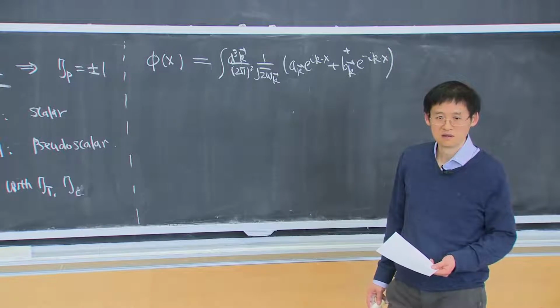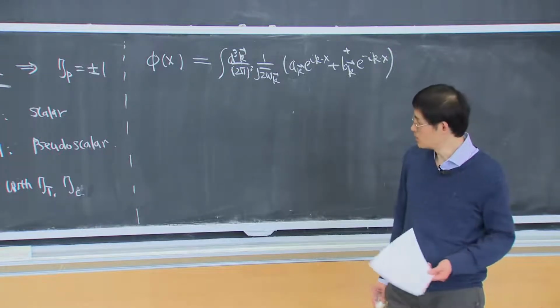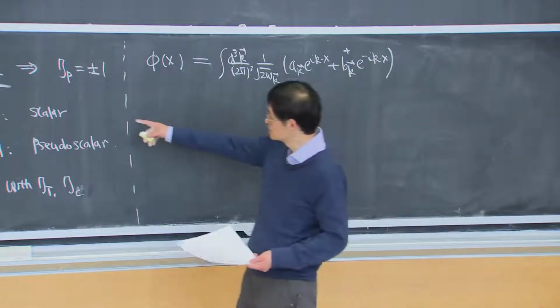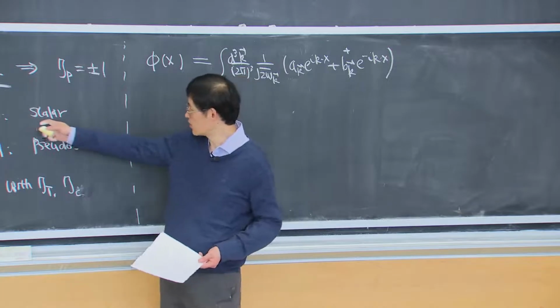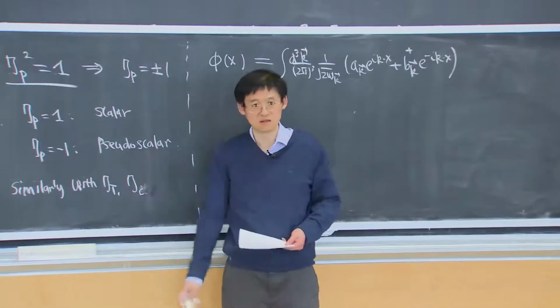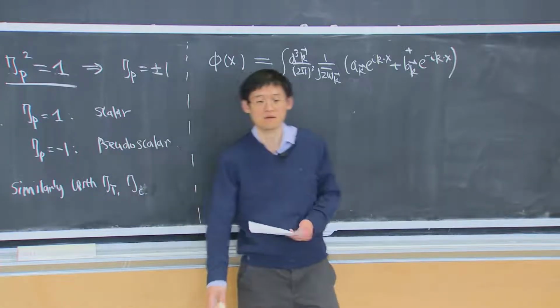I don't understand what is a scalar if eta is equal to 1. We just say it's a convention; we just want to distinguish these two cases. So when you say it's a scalar, we should say this is an ordinary scalar, and this is called a pseudoscalar.